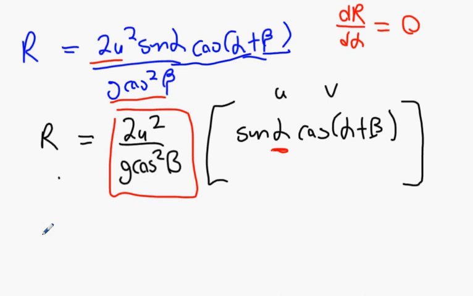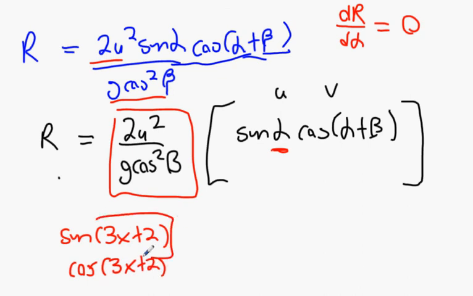Okay. Now, what I also want to show you is that the differentiable part is the alpha. So you might have remembered in the past where you'd be asked to differentiate sine 3x plus 2. Everybody agreed with that? And when you differentiate sine 3x plus 2, you change the sine to a cos. The angle is always the same. Then you differentiate the angle to get 3. So it'll be 3 cos 3x plus 2.